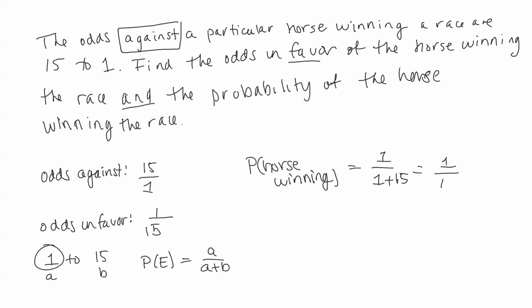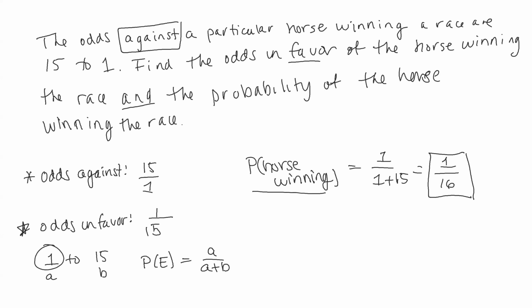So it's 1 over 16. So the probability the horse wins is 1 over 16. We were given the odds against. We were able to then find the odds in favor, which then allowed us to find the probability that the horse wins the race. Okay, so there you have it.